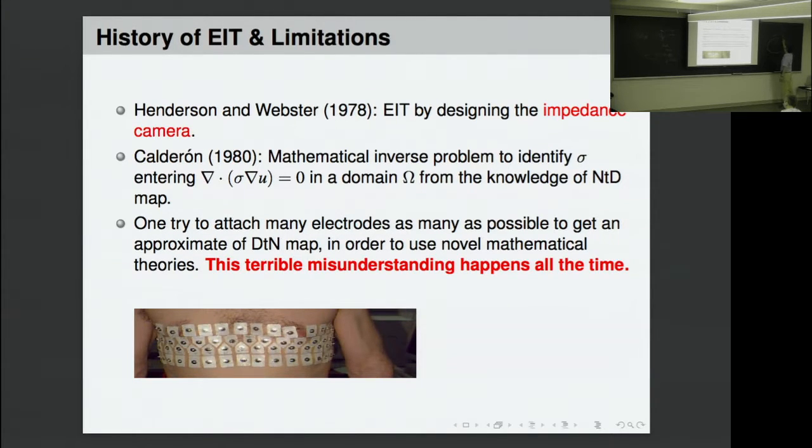Suppose you apply the current here. The current is going because Neumann data is applied here. The electric potential solution satisfies something: divergence of sigma grad u is equal to 0 in omega, and the normal derivative is equal to g. It is like this one.